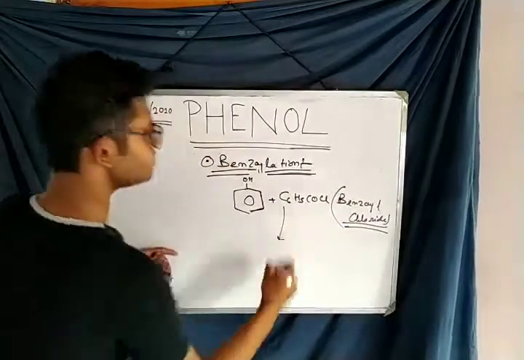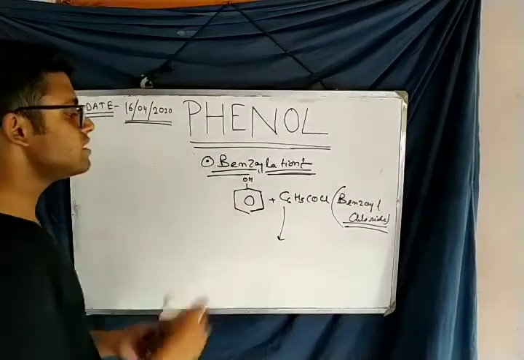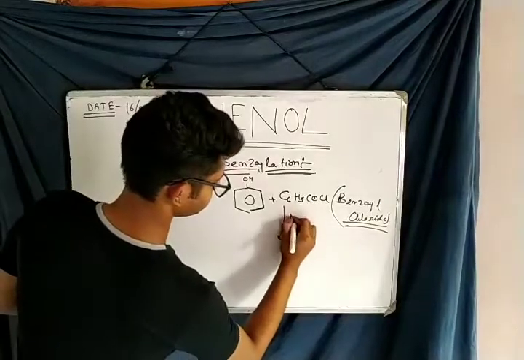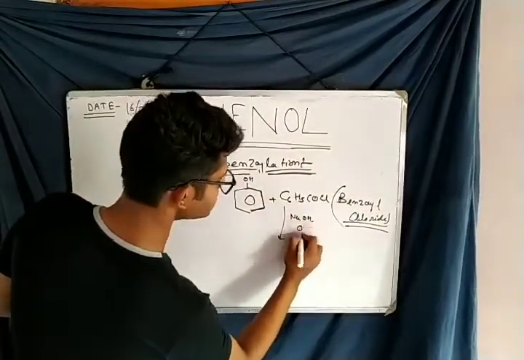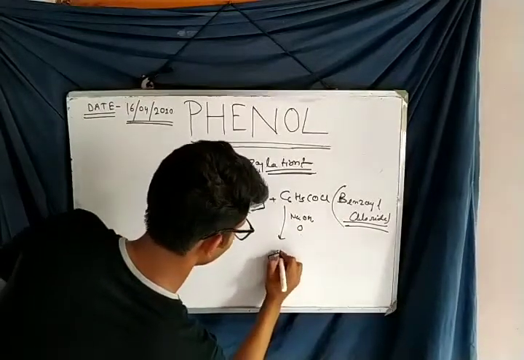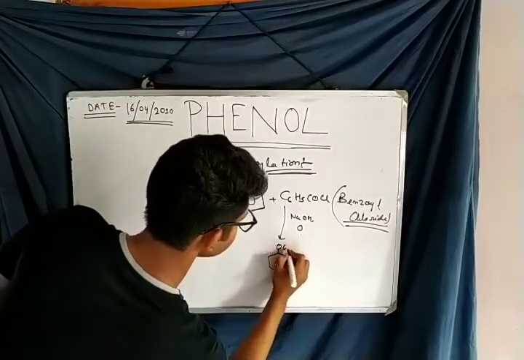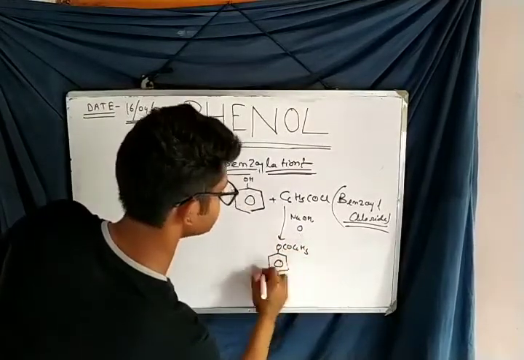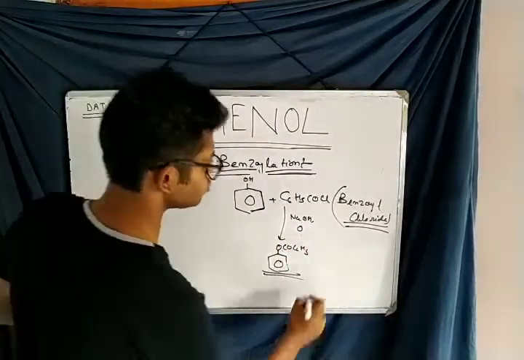So this reaction is carried out by using a reagent. The name of the reagent is NaOH, sodium hydroxide, and heat. The product will be OCOC6H5. This is known as phenyl benzoate.